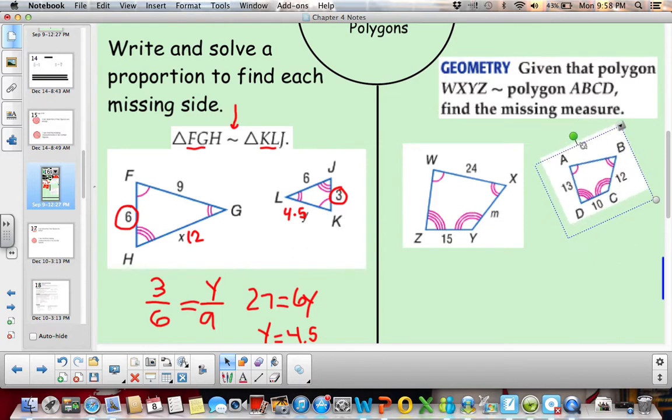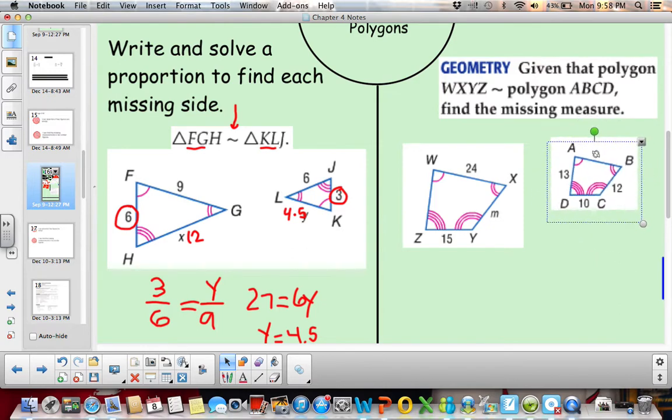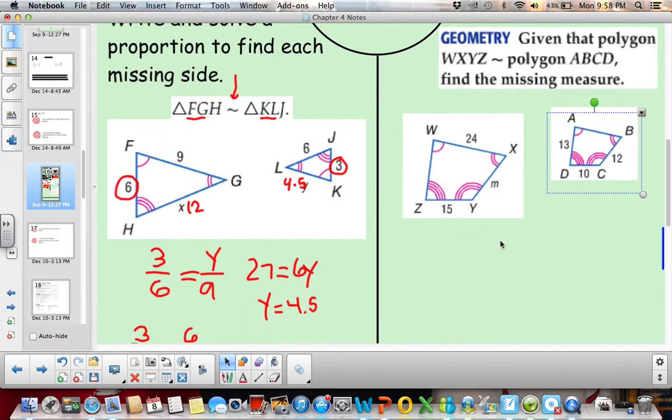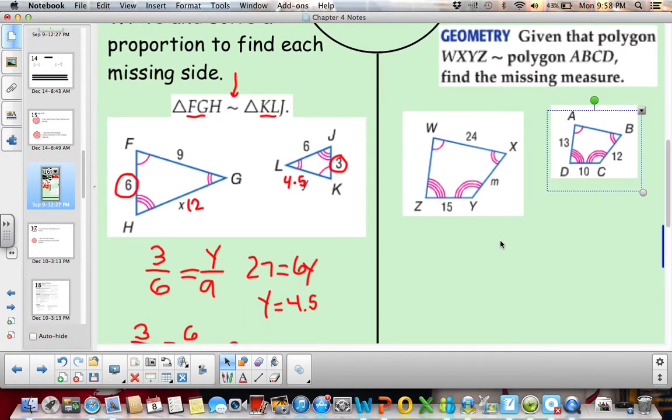I know if it's in your book, you wouldn't be able to do the same thing. But if we turn it, we can see that they are exactly the same shape. We have angles 1, 2, 3, 4, and then 1, 2, 3, 4. We want to find out what M is. So take a second and see if you can set up a proportion yourself and solve for M.